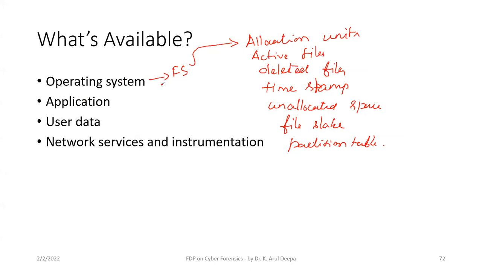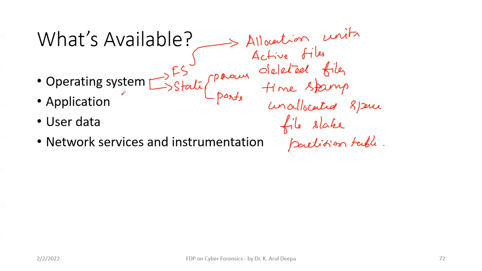Then in operating system, you can get informations about state information. We know what is state, process states, which are all the processes that are all currently in running state. That information can be obtained from operating system. Then port state, which are all the ports that are all currently open, through which the attack could have happened. So port states information can be obtained.